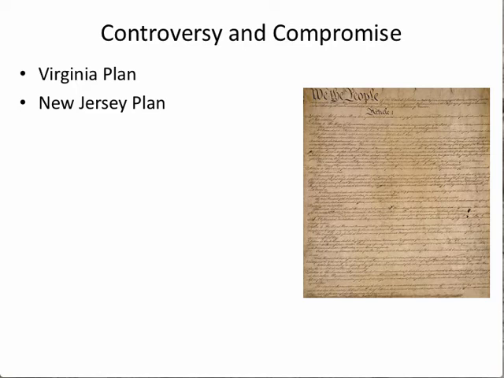So the large states like Massachusetts and Virginia would have one vote. The small states like New Jersey and at that time Georgia would have one vote. Each state would be equal no matter what their population was, which obviously favored the smaller states.